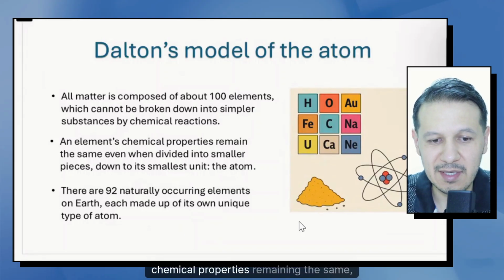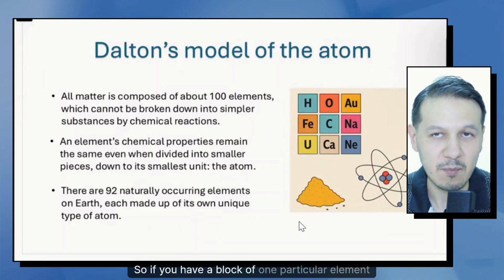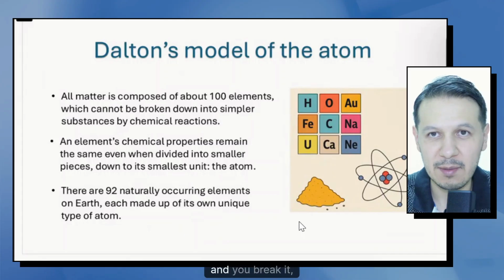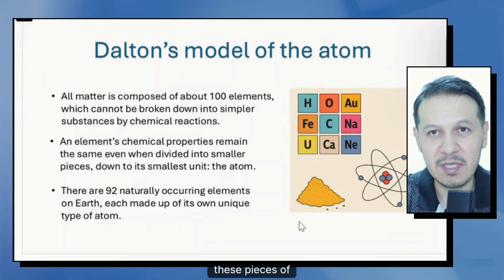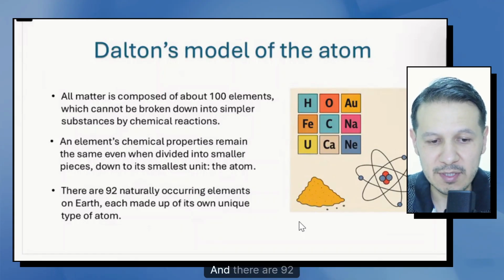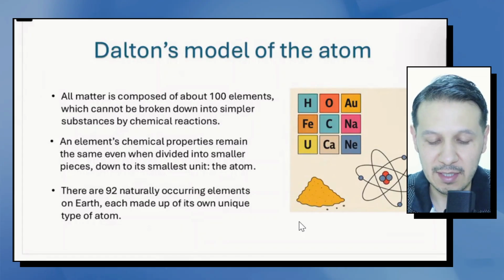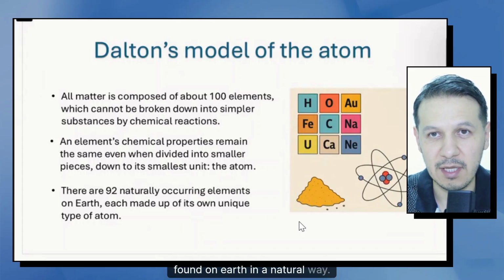Elements' chemical properties remain the same even when dividing into smaller pieces. So if you have a block of one particular element and you break it, these pieces of this element will have the same chemical properties. And there are 92 naturally occurring elements on Earth, the ones that we can find on Earth in a natural way.